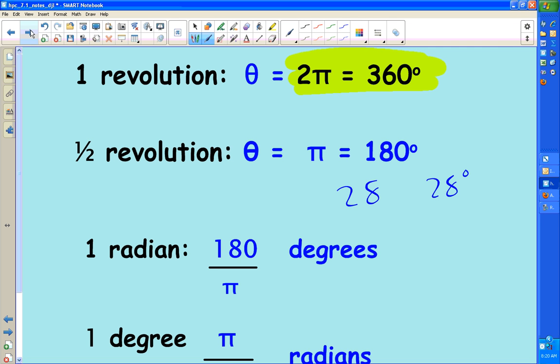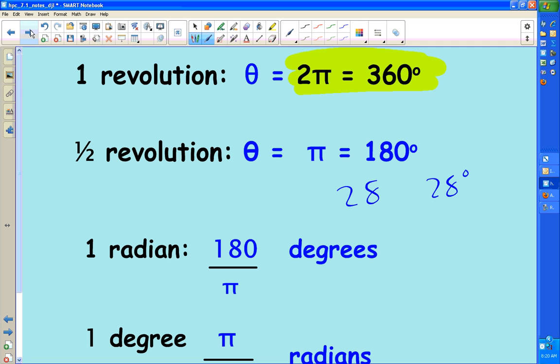Because if you write the number 28 as the measure of your angle, it is understood that that 28 is radians. If you mean for it to be degrees, you need the degree symbol. We don't really have a symbol that we use for radians.